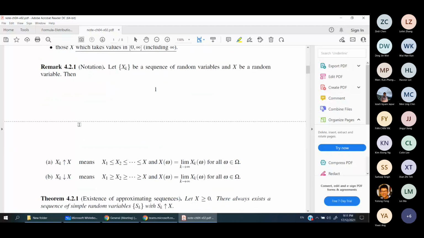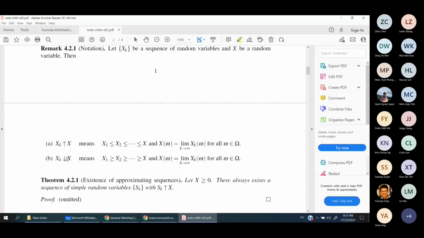Okay, next, I think this is quite standard. We say that Xk is a sequence of random variables converging up to X. That means X1 is an increasing random variable: X1 less than or equal to X2, X2 less than or equal to X3, and X will be equal to the limit of Xk. So we use this symbol.